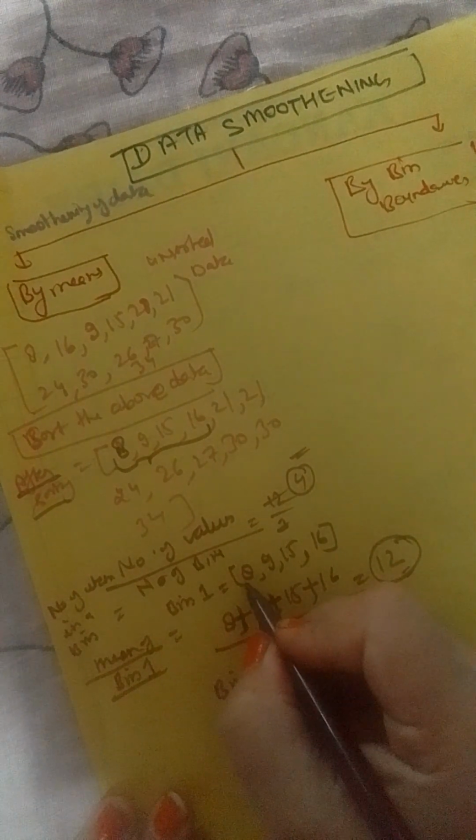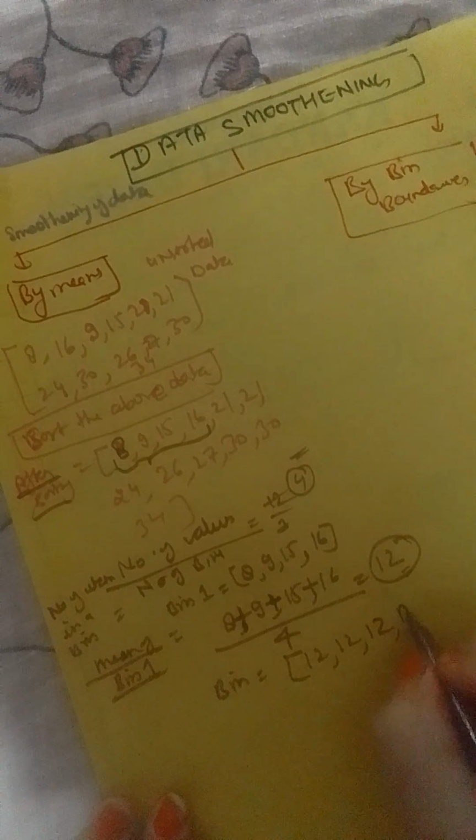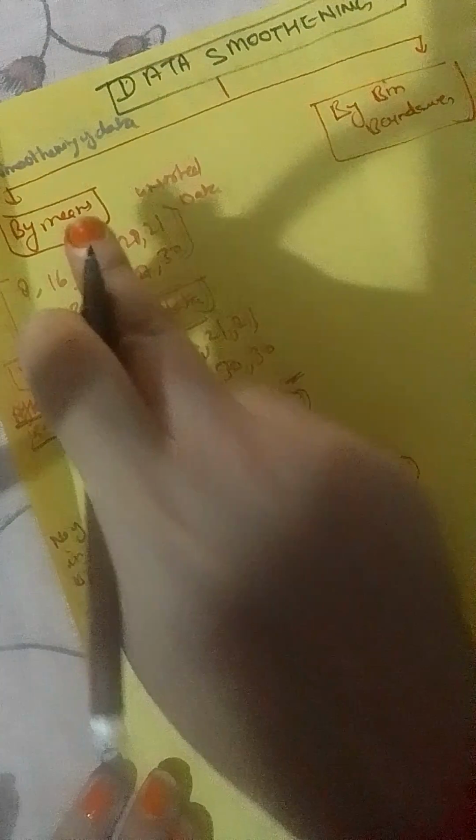In place of 8, 9, 15, 16 we take only the mean. This is called data smoothing by means.